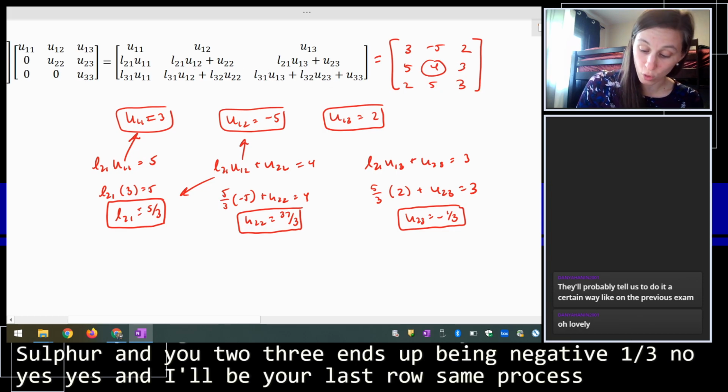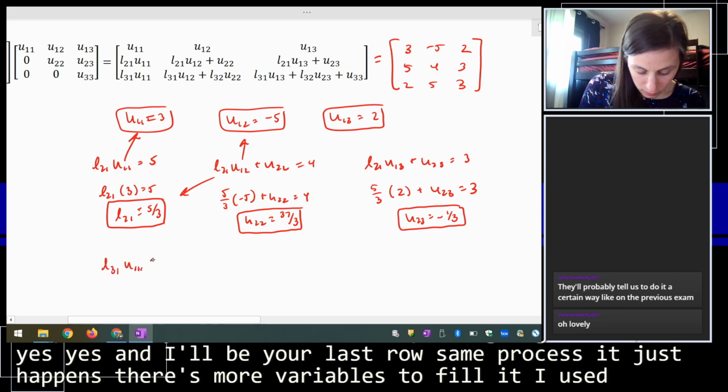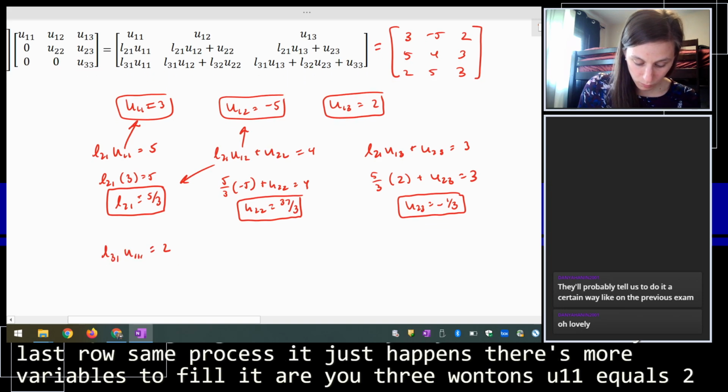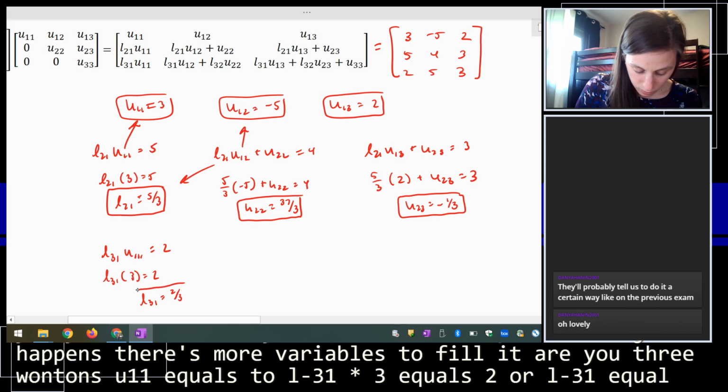It just so happens there's more variables to fill in. L31 times U11 equals 2. L31 times 3 equals 2, or L31 equals 2/3.